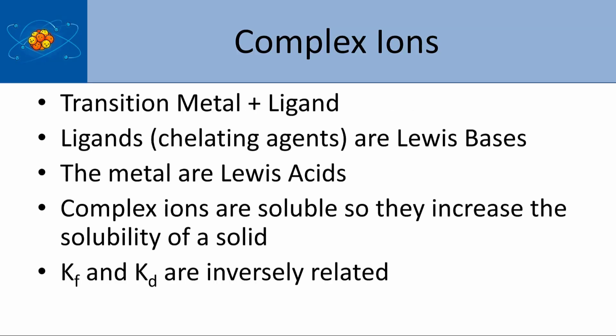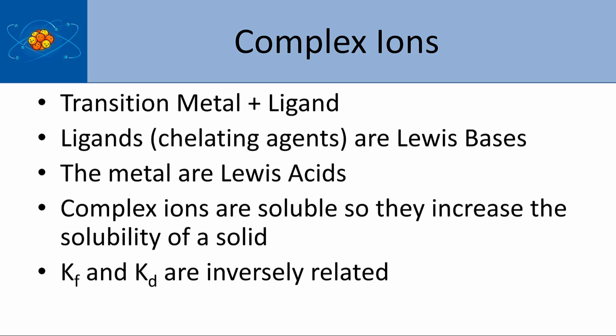But complex ions are formed when you have an ion and it reacts with something called a ligand. And a ligand is a Lewis base. There's a lone pair of electrons that attaches to the metal ion. And that's called a complex. It's not because it's complicated, but because it forms a structure in solution. And that structure is ionic.